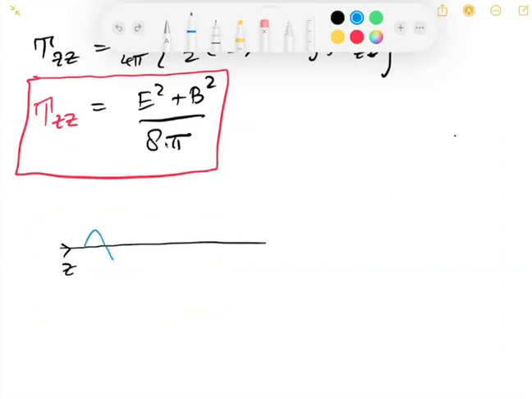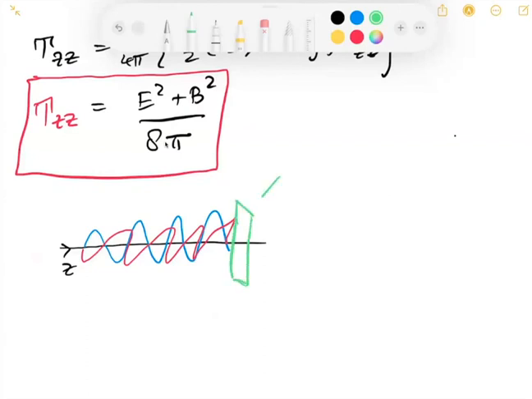Okay, let's say we do this, and then make this the B field. And now here we put a plane. And here E and B is 0.